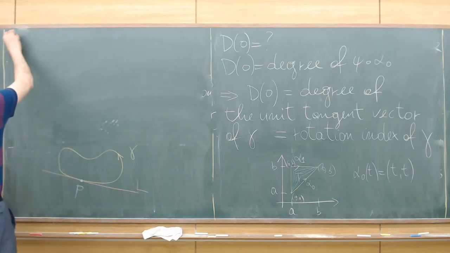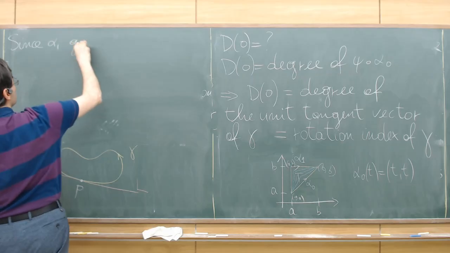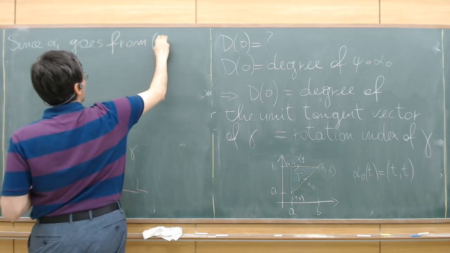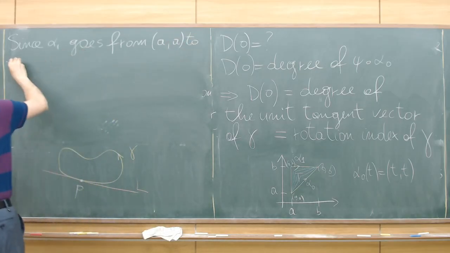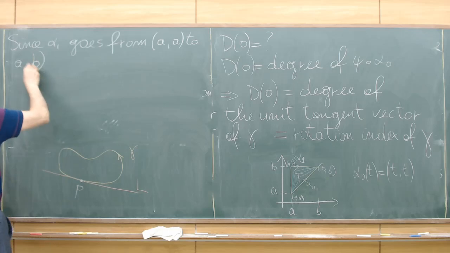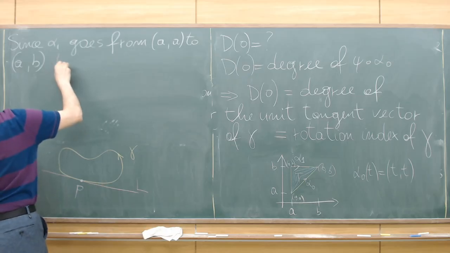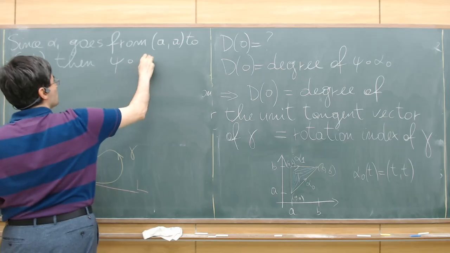So since alpha 1 goes from (a, a) to (a, b), then what is psi composed alpha 1?